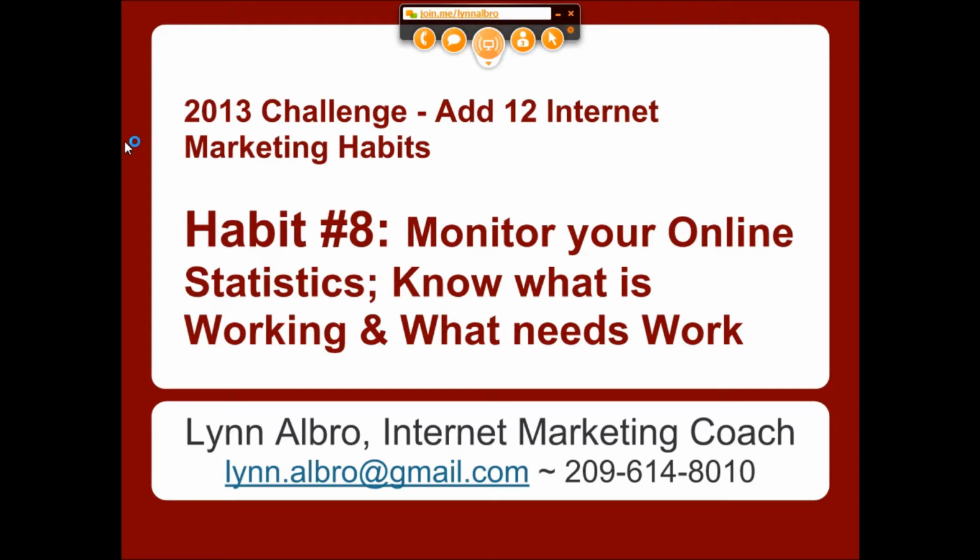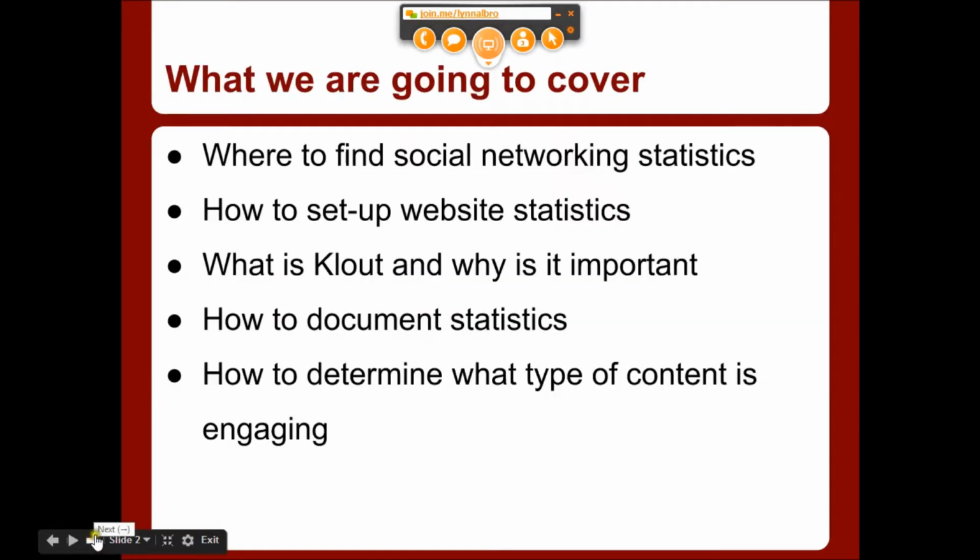Over the past several months I've been doing a habit a month, and this is habit number 8, and this is about how to monitor your online statistics, how to know what is working and what needs work. We're going to cover where to find social networking statistics, how to set up website statistics, what is Klout and why it is important, how to document statistics, and how to determine what type of content is engaging.